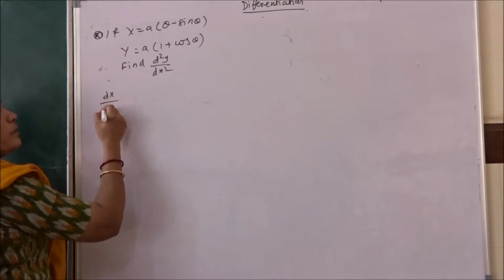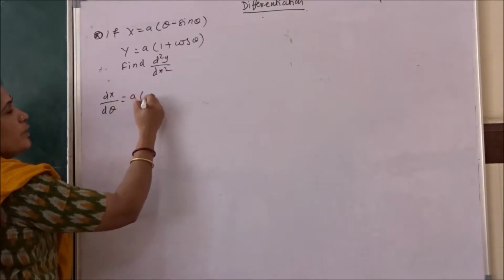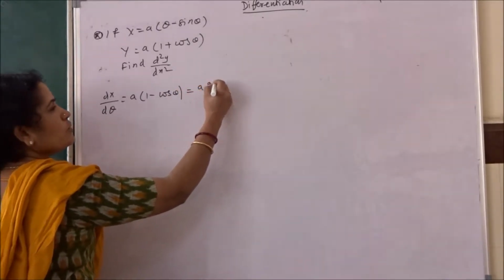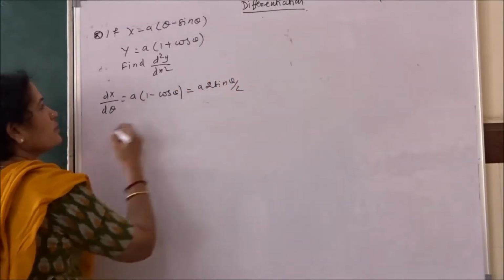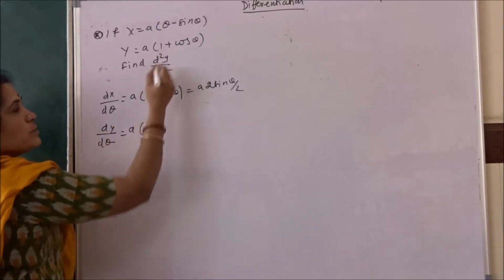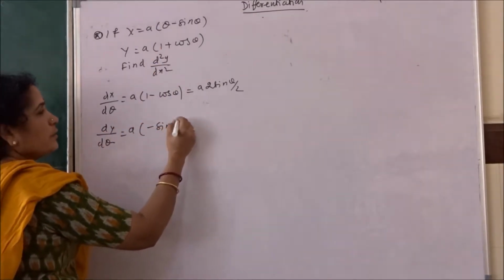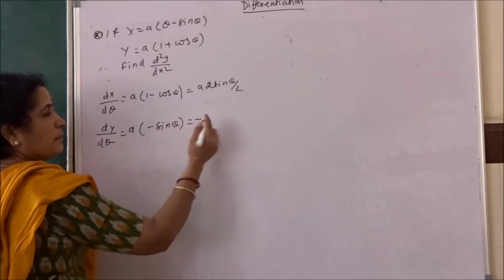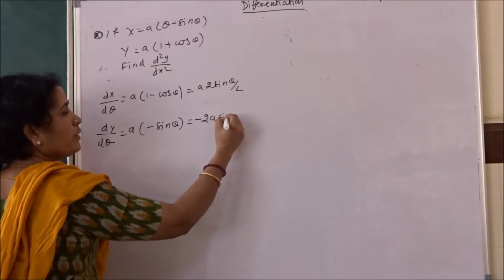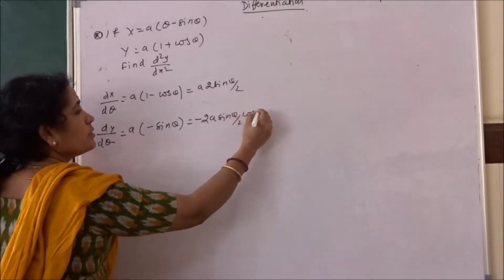Now dx by d theta is a into 1 minus cos theta. Now we have the formula a into 2 sin square theta by 2. Am I correct? Now dy by d theta is equal to a into, 1 is 0, the differentiation of cos is minus sin theta. Again we have the formula: sin theta can be written as 2 into sin theta by 2 into cos theta by 2. Okay, fine.